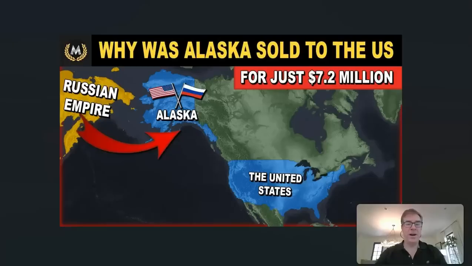But why did the Russian Empire sell this large, vast amount of land to the United States? Well, I think it was to set up an area where few people could go.